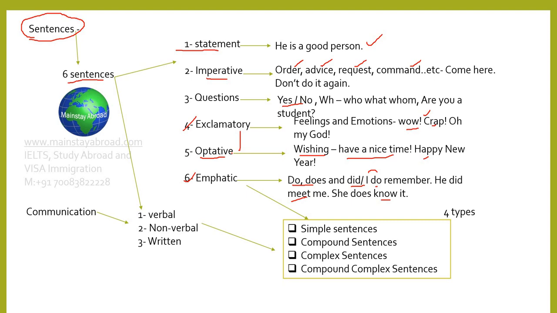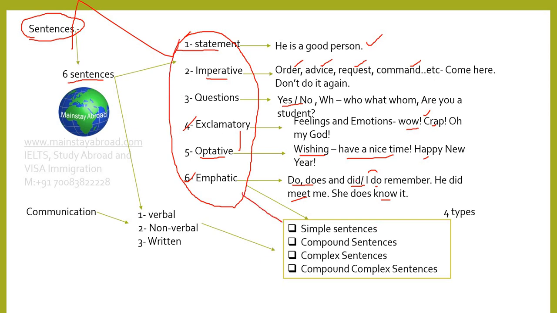Remember these 6 kinds of sentences. These 6 kinds of sentences always create 4 sentence types. With the help of the 6 sentences you can create simple sentence, compound sentence, complex sentence and compound-complex sentence. Every independent clause, like "He is a teacher," is your simple sentence.